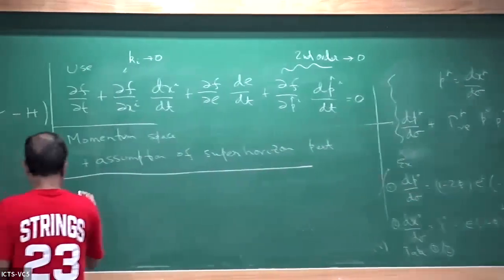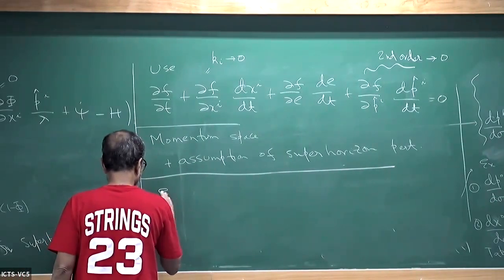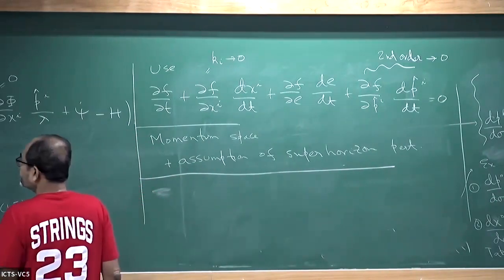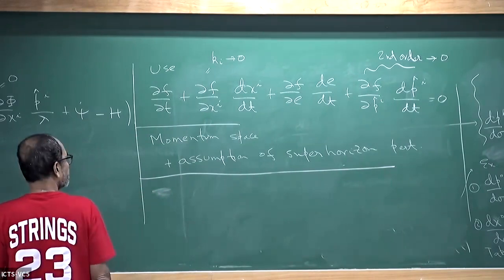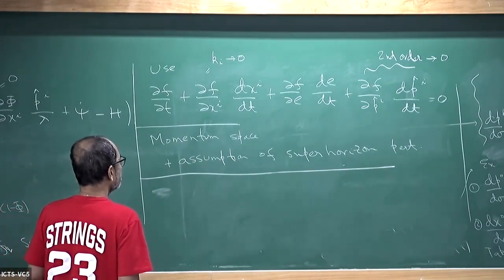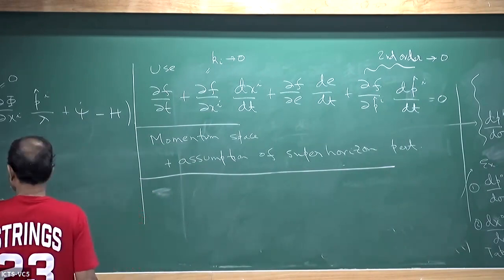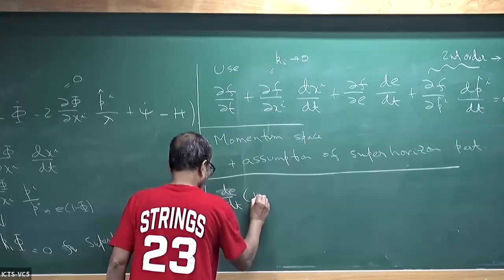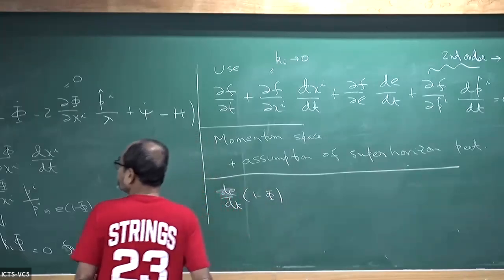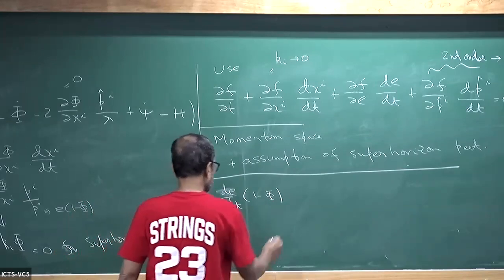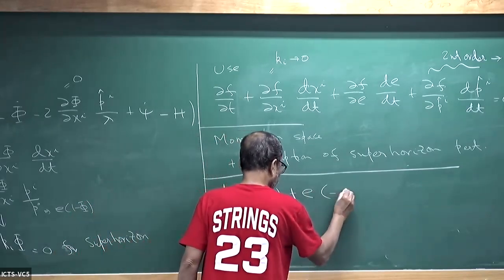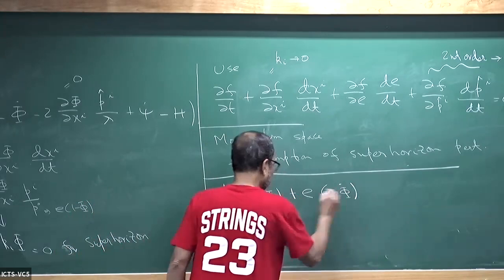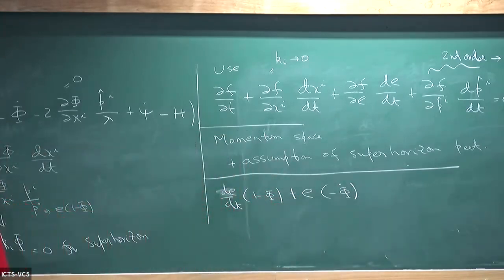The first gives you d/dt of E times (1 minus phi), plus E times minus phi dot. Here I use the second equation, because d phi dt had two terms, but this term I set equal to 0. So that's E times minus phi dot.